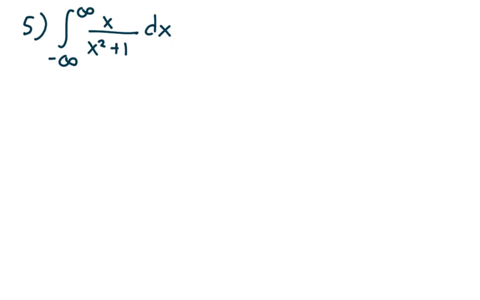Now, we're going to pick a number in between negative infinity and infinity to break this integral up, okay? So I'm going to pick 0 because it's just nice and convenient. But does it have to be 0? Not really. You could have chosen 1, 2, 3, 1 million for all that, okay?